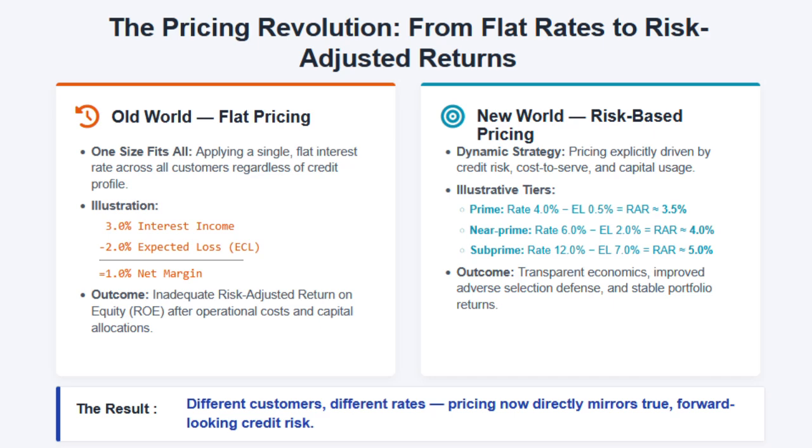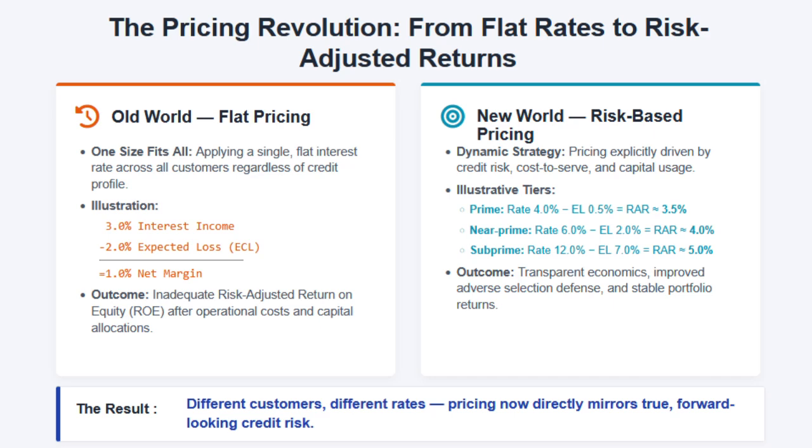But now let's enter risk based pricing. Instead of treating all the customers the same, institutions now price dynamically based on three factors: credit risk, cost to serve, and capital usage. Here the impact is that prime customers might see a 4% rate, near prime customers have 6%, and subprime customers face 12%, each adjusted for their actual risk profile.